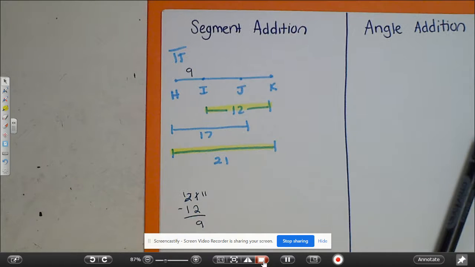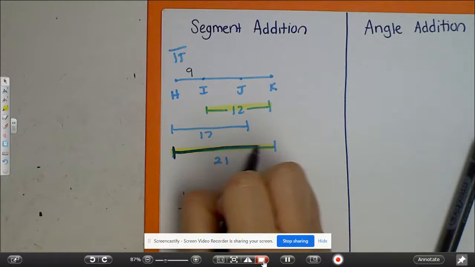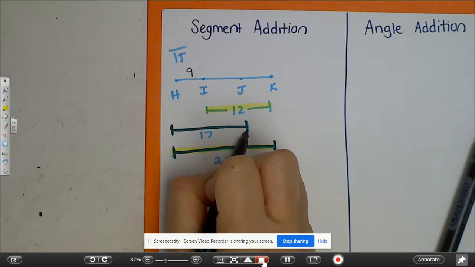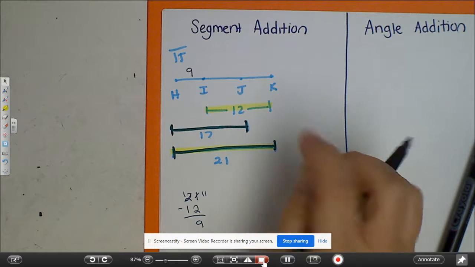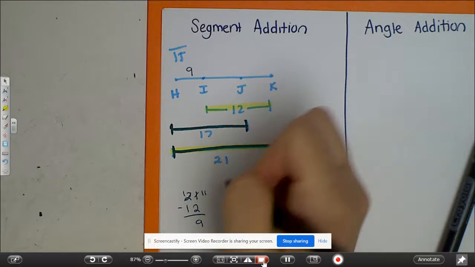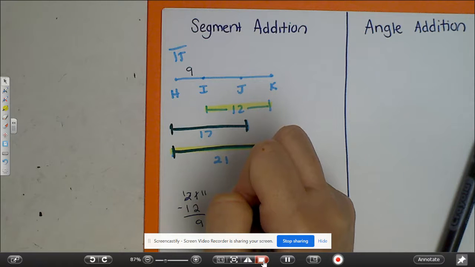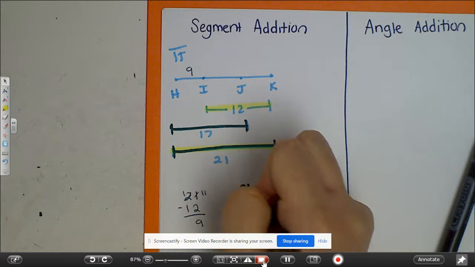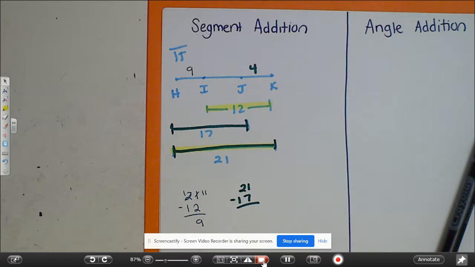HI is 9. And we can use that same idea using the 21 here and the 17 here to figure out what JK is. So JK would be 21 minus 17, so JK would be 4.